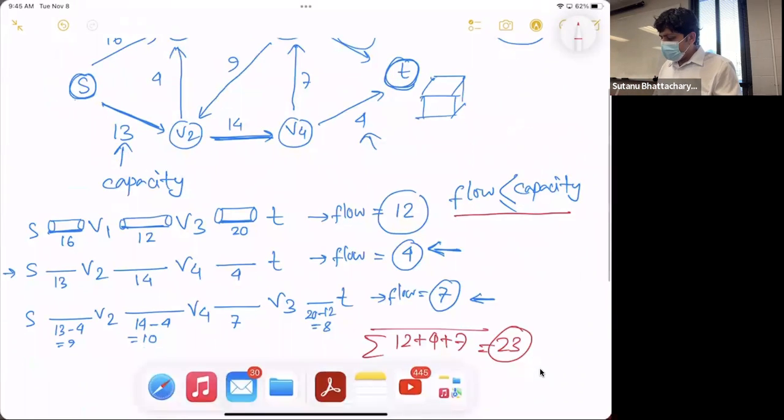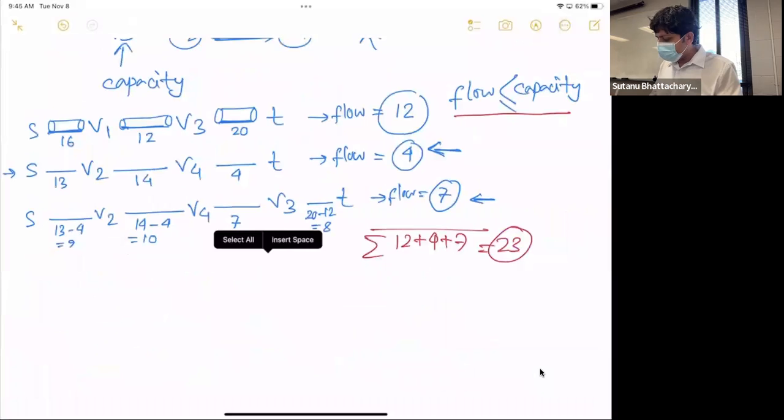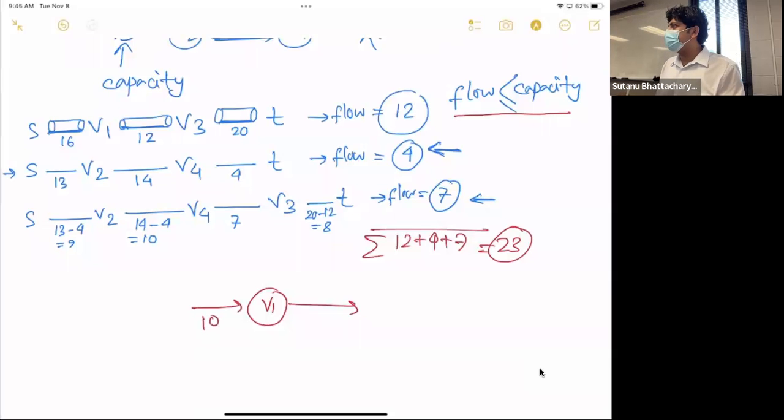Take any node, V1: whatever amount it intakes, suppose 10 gallon of water, it will also release the same amount of water, maybe through 2 pipelines, it is 8, it is 2. So it will not conserve any amount with itself. So this is flow conservation.